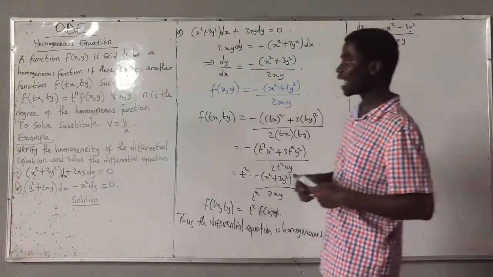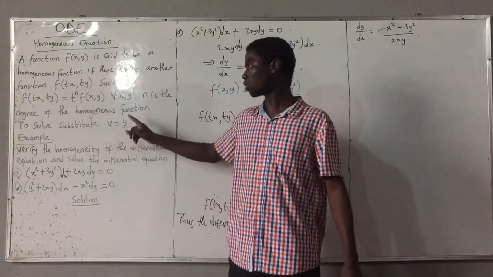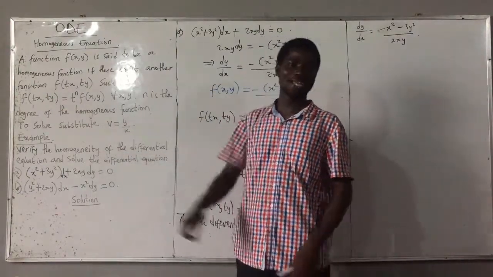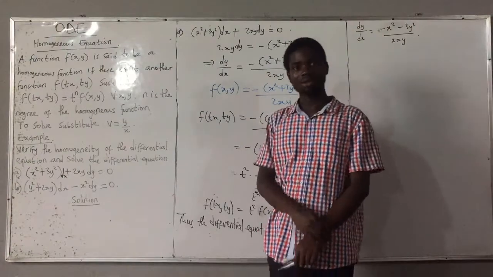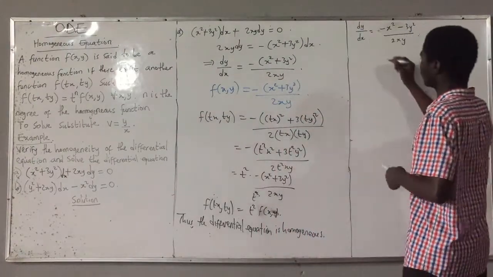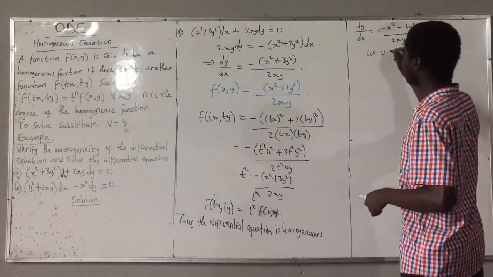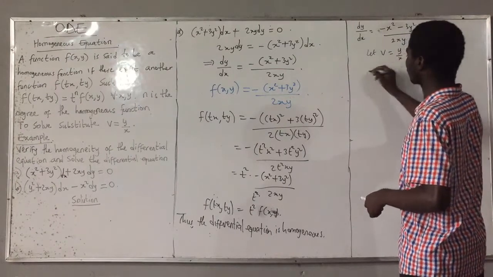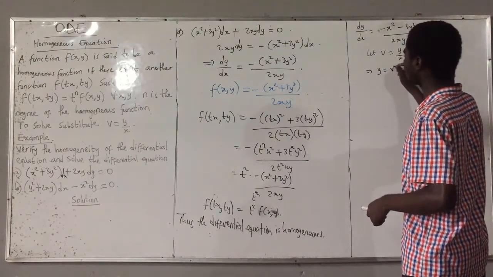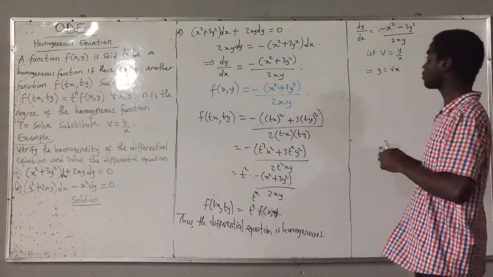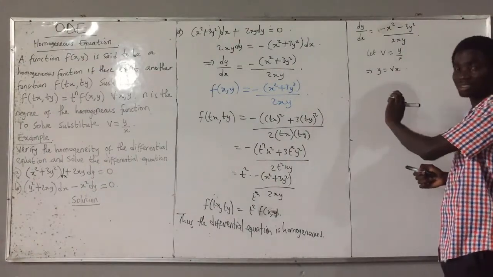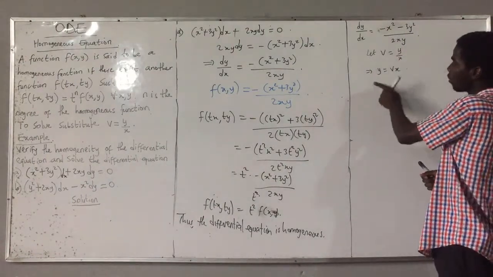You will let v to be equal to what? y over x. So y equals vx. This v is a function of x. Do you understand? Cross multiply, y equals vx.